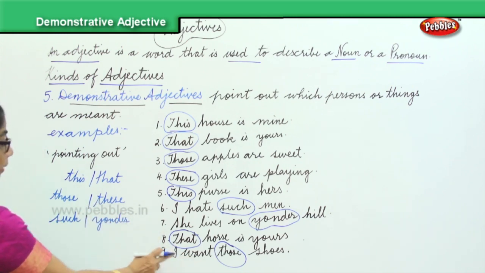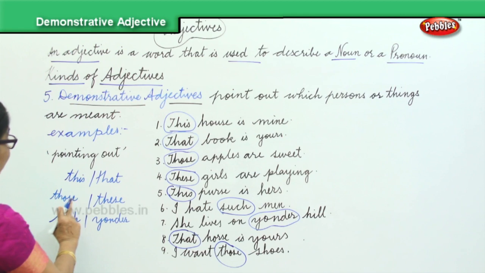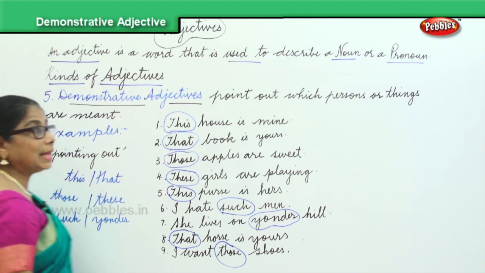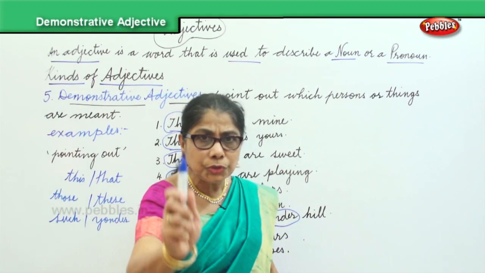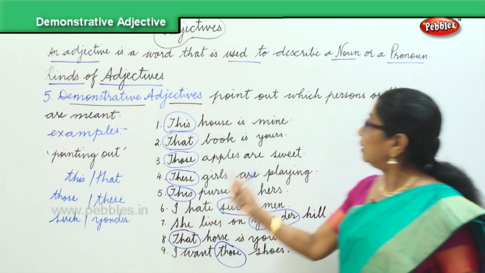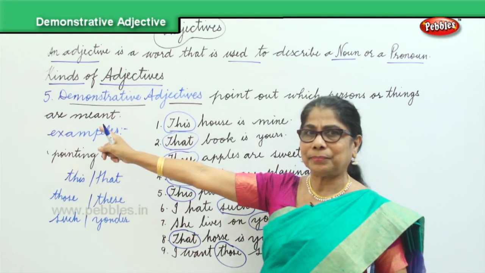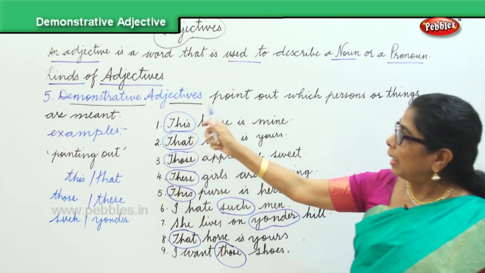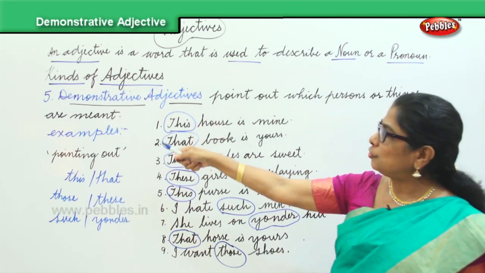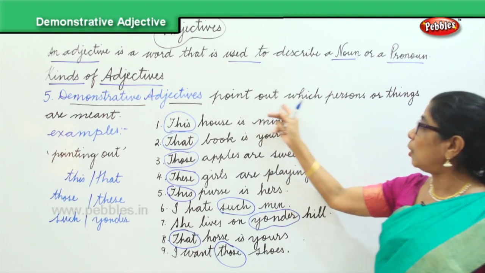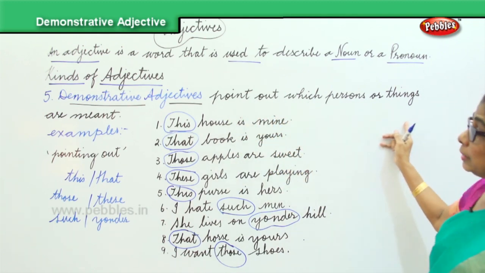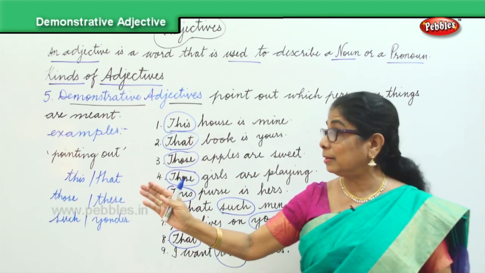These words help us to point out the particular person or thing that is meant. So demonstrative adjectives point out which persons or things are meant.